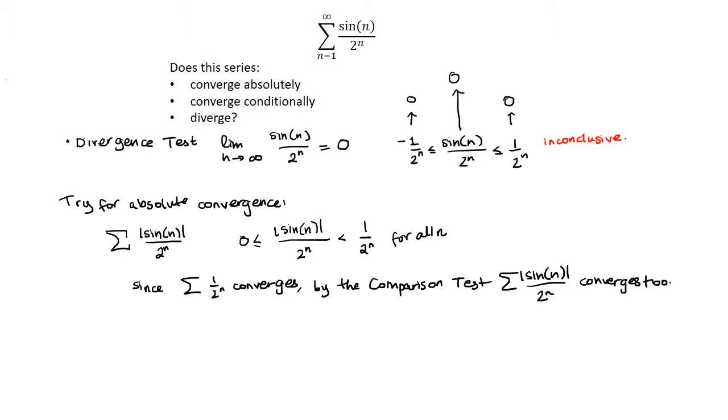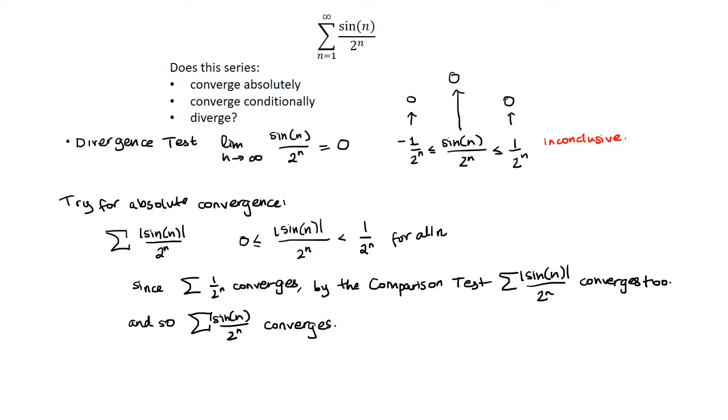And so we've worked out two things: both the series of the absolute value of sine of n over 2 to the n and the one that we're interested in, sine of n over 2 to the n, converge.